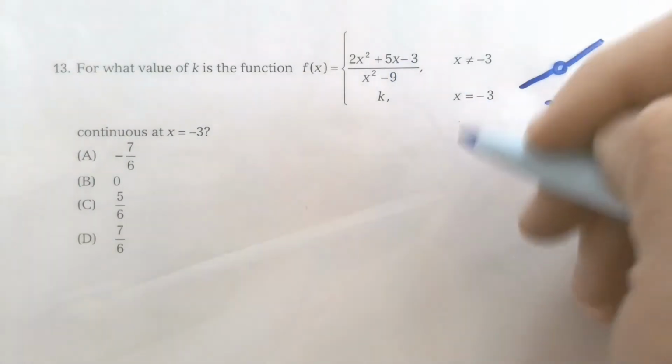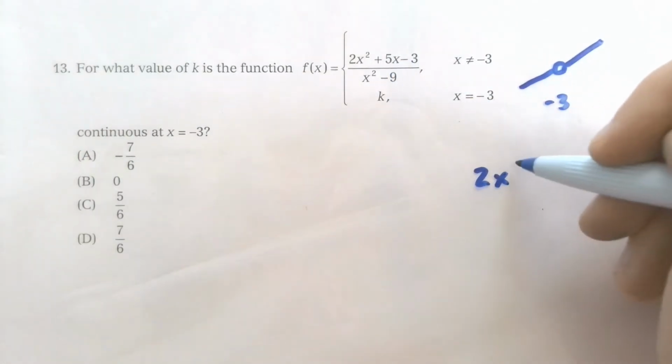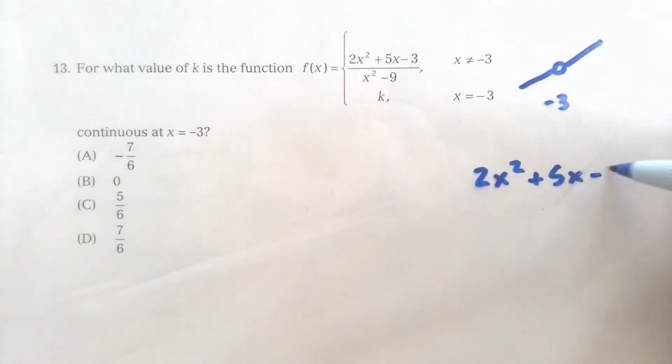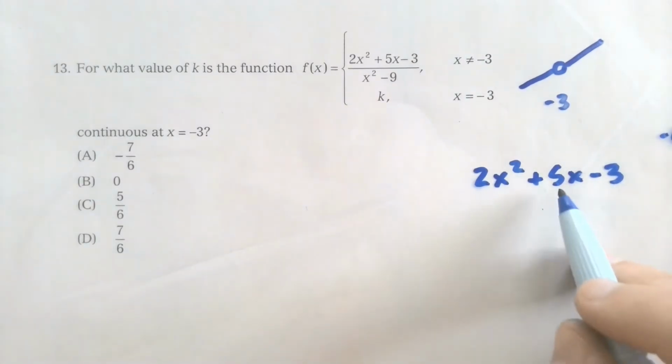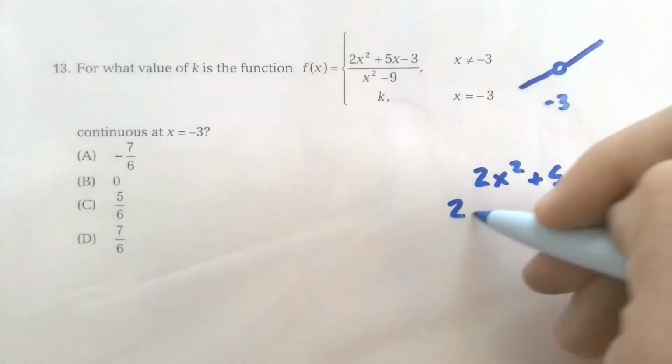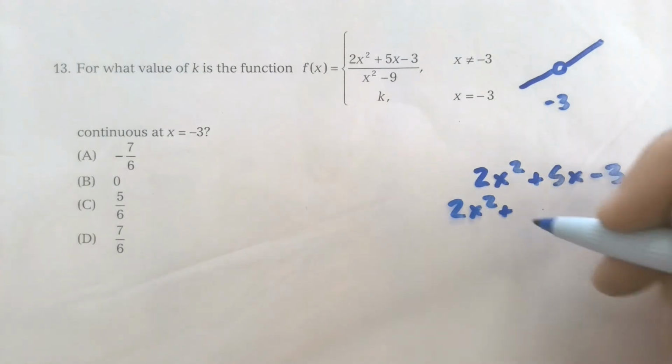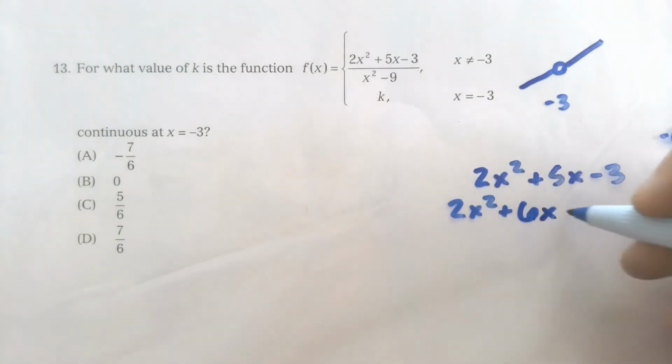So I'm going to start with the numerator here because this is a different type of factoring where that a value is not 1. So remember, I'm multiplying my first and my last term here. So I'm thinking of numbers that multiply to be -6 and add to be a 5 in order to break up that middle term. So a +6 and a -1.